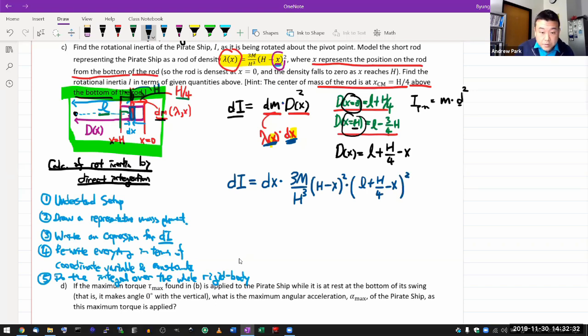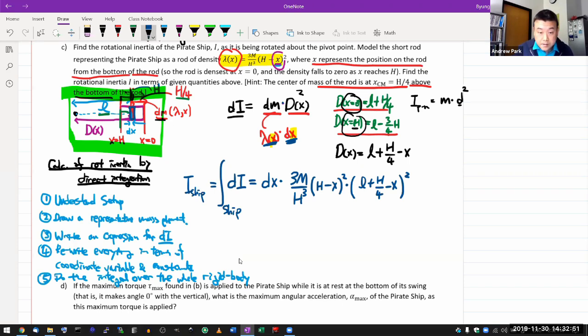So you have to integrate this over the entire ship to get the rotational inertia of the ship.